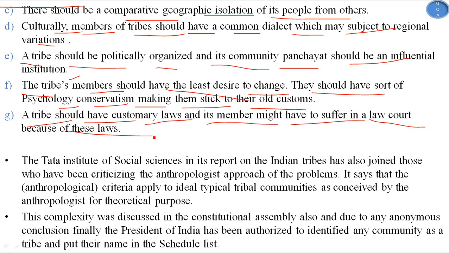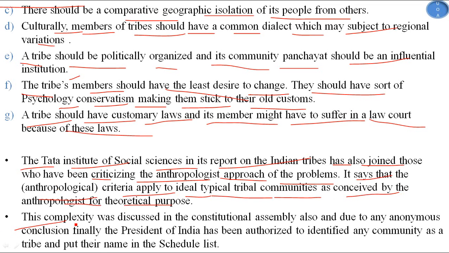Then the Tata Institute of Social Sciences in its report on the Indian tribes has also joined those who are criticizing the anthropological approach to the problem. It says that the anthropological criteria may apply to ideal typical tribal communities as considered by anthropologists for theoretical purposes.